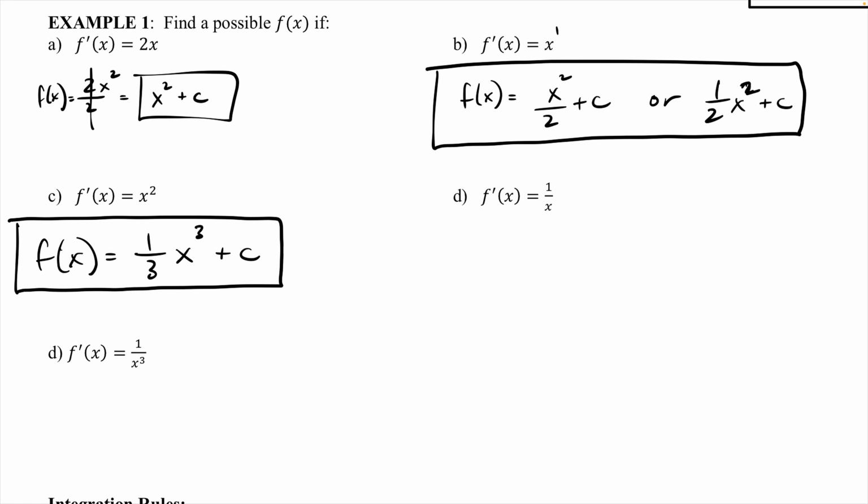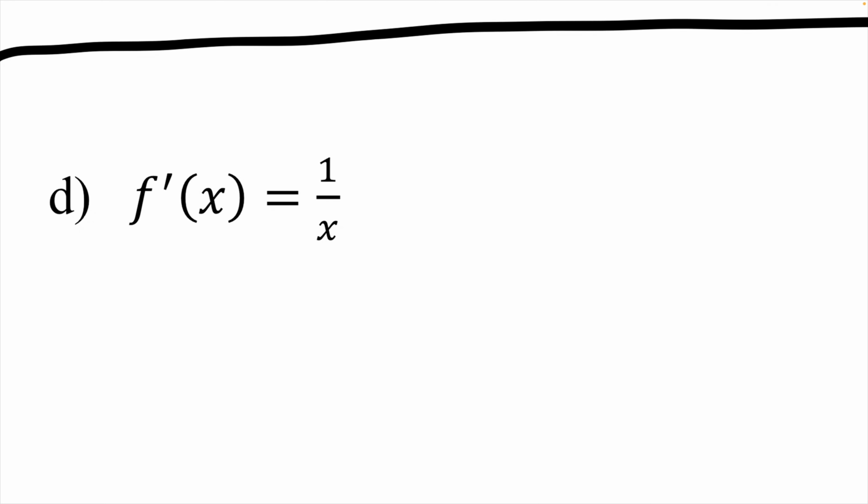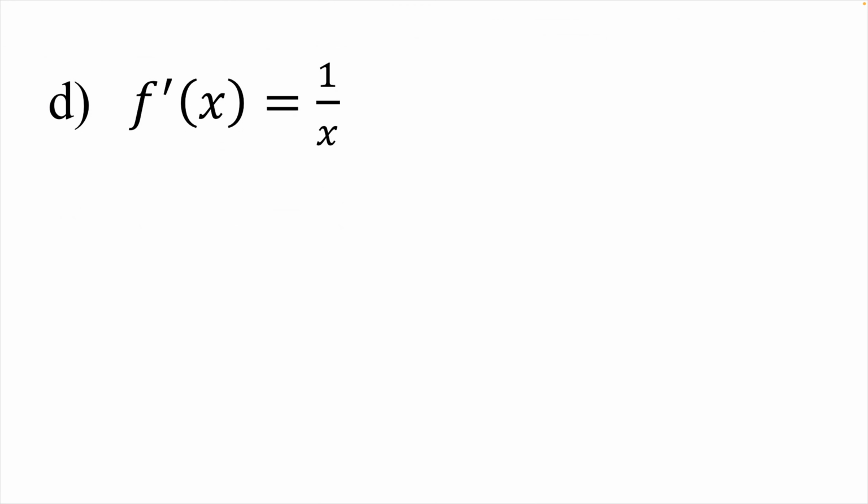So d. Again, I don't have a quotient rule. There's no quotient rule here. I can't use a quotient rule for antiderivatives. I just have a power rule. Is it just 0? Keep going. So, Macy, you would put the 1 on the bottom and give the x a negative exponent?